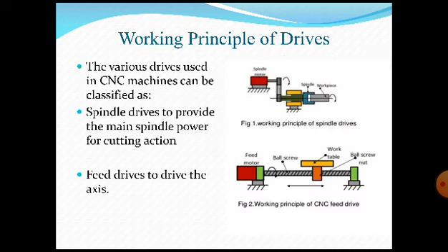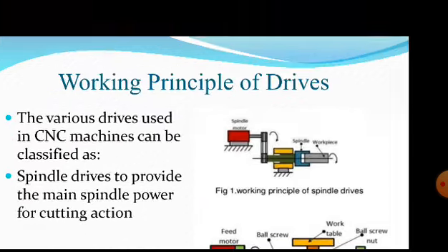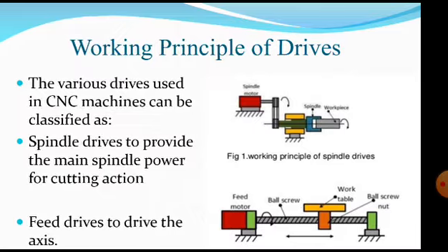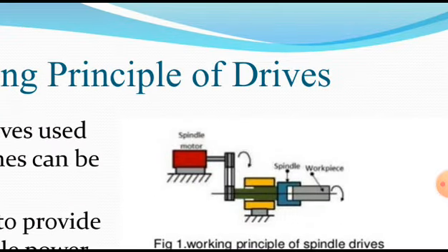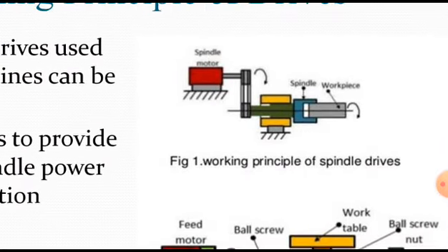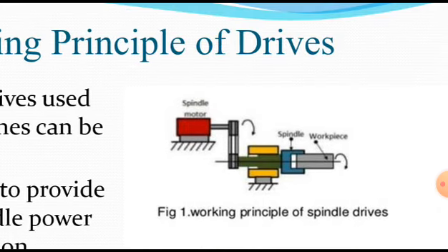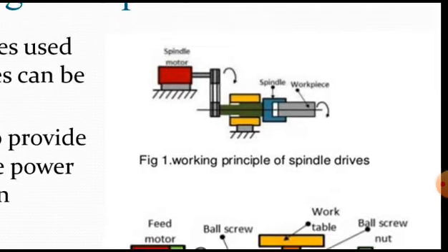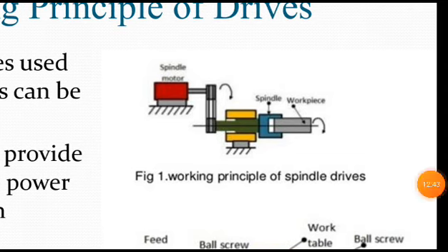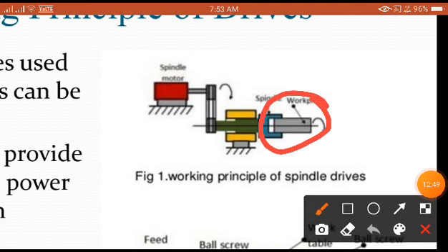Now let us understand what the screen itself indicates. Here you are going to see the one which is going to drive. What does that mean? The workpiece is driven here like this. The workpiece is being driven, meaning it is given rotational motion with the help of a spindle motor.